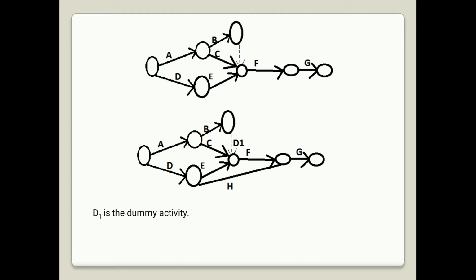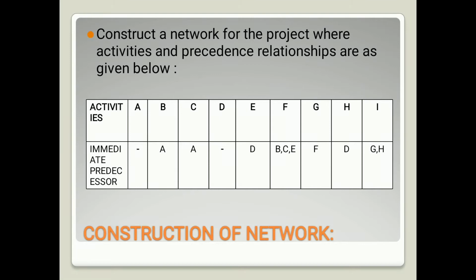Now we know that E and H are the predecessors of F. In the question we see that H is coming from D and E also is coming from D, whereas both E and H are coming from D. We are taking H from E. Why?